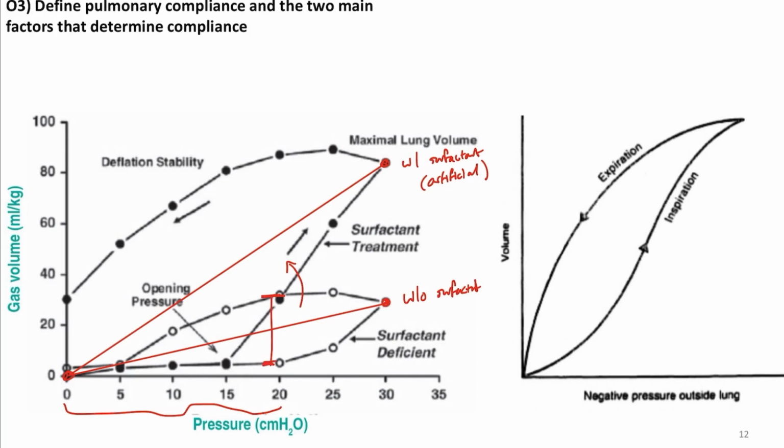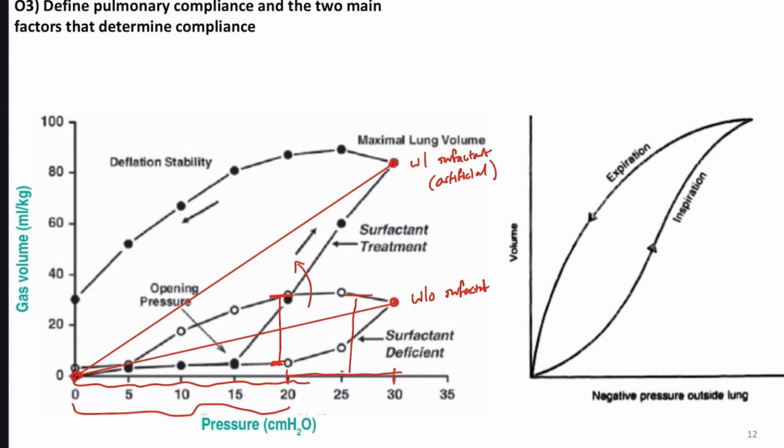It is just way easier in this top curve to expand the lungs, whereas in this bottom curve, you're trying so hard and applying so much pressure differential, and it's only around the 20 to 25 mark into the 30 mark that you're able to do any kind of work here. And this is such a small amount of actual volume work compared to the 2.5 times the volume load an individual alveolus can have in the top curve.